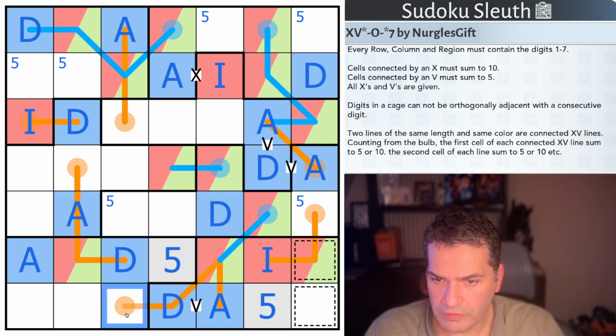This is not 5 anymore. So this is another red-green paired up with a 4-cell one. This is another red-green.